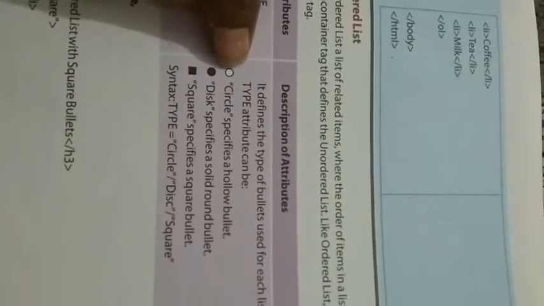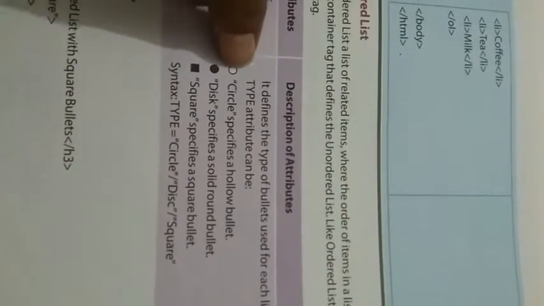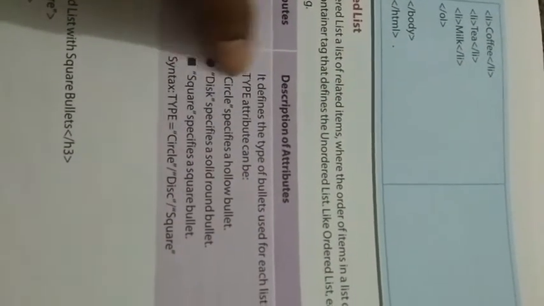Like the ordered list, each list item starts with LI. But it cannot use numbers or ABCD. It can use shapes like a triangle, a circle, or a blank circle.